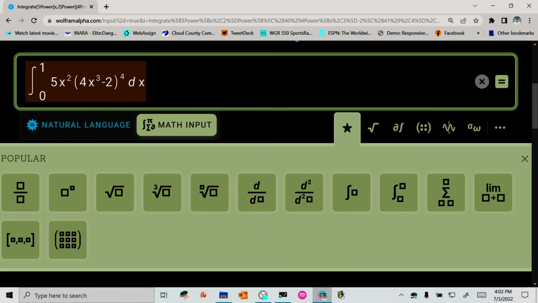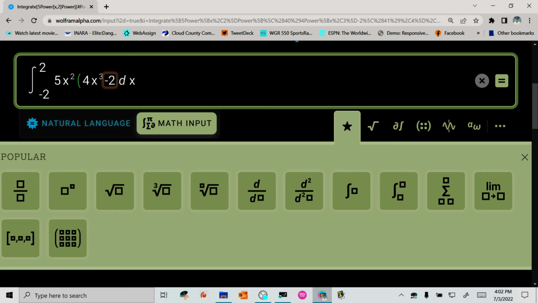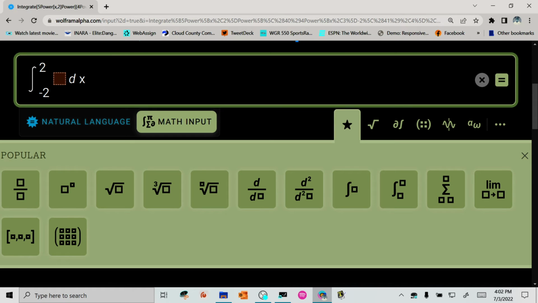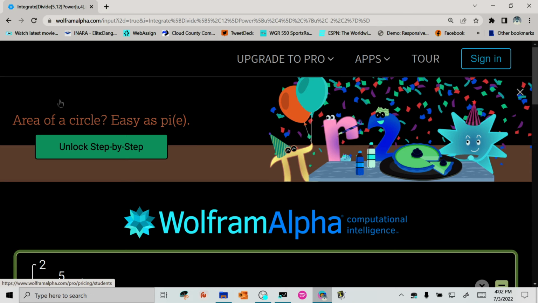But let me do the other one really quick. If I change this around to minus 2 to 2, and let me delete all this stuff. What do we have? It was 5/12 u to the fourth, and then this is going to become du.